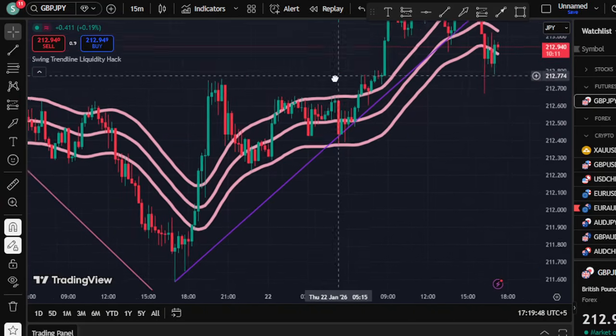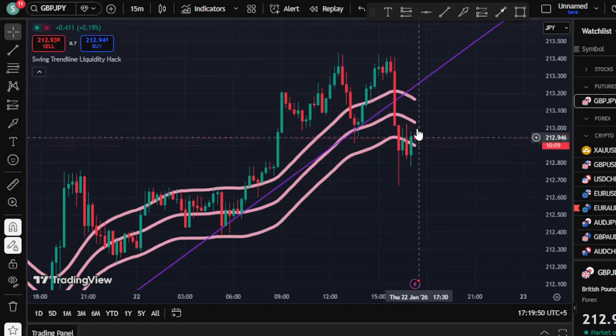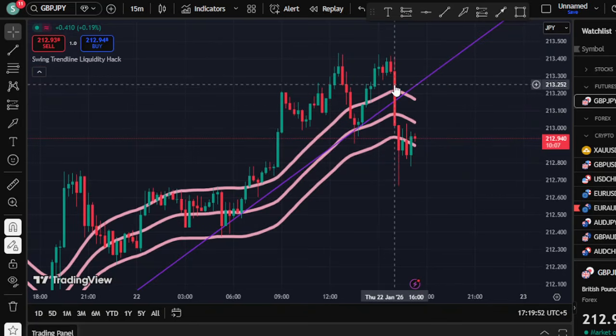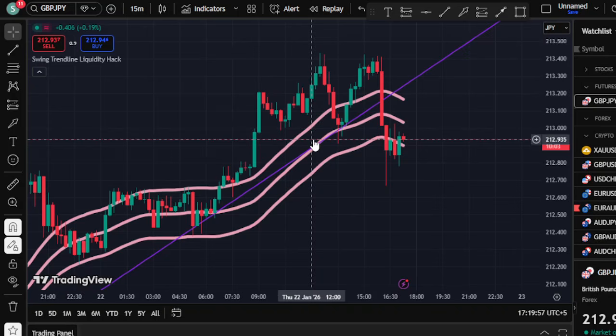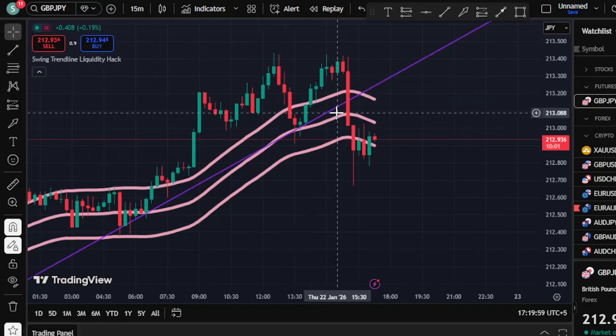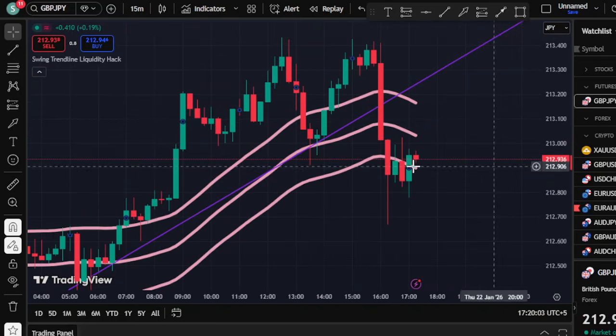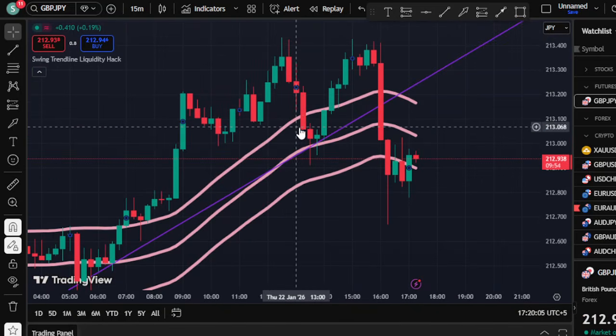Now this is the Great Britain Pound JPY chart, and you can see the moving average bending. When there is a purple trend line, in that case we will be looking for the sell. So when our sell started, because the trend line was already here, the price closed below the moving average.